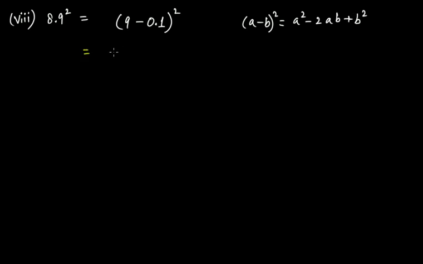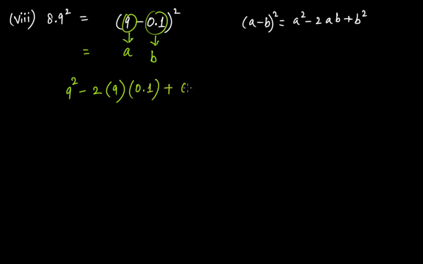If you take this as a and this as b, this is 9 squared minus 2 times 9 multiplied by b plus (0.1) whole square, right? This is 81 minus 2 times 9 is 18, 18 multiplied by 0.1 is 1.8, and this is plus 0.01. If you solve this, you will get 79.21.